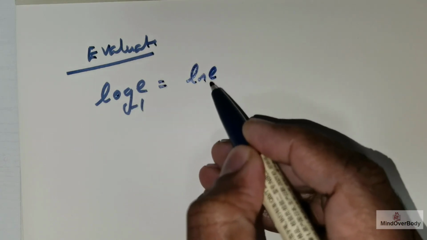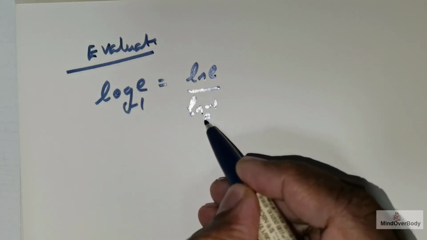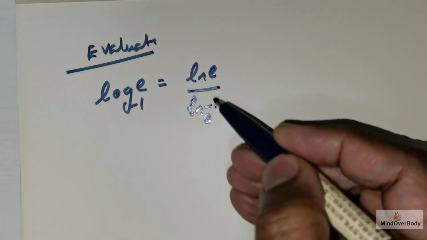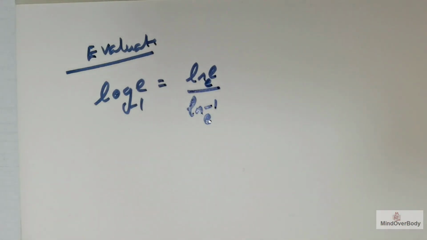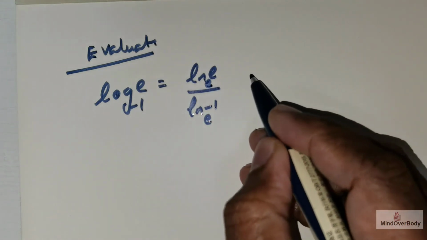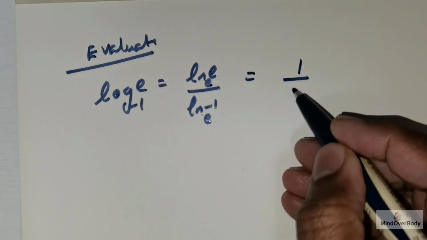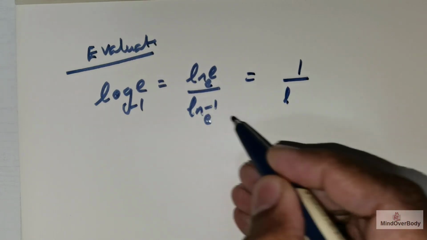So this is ln e divided by ln of -1, both to the base e. I don't need to specify this, but still it's okay. Now ln e to the base e is 1, over ln of -1.